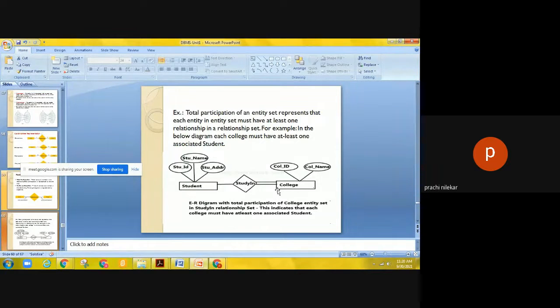That's why it is represented as total participation. Here students and college are the entities, and the relation between them is Study in. Each student may or may not study in a specific college, but the college must have at least one associated student. So that's why it's represented by the double line, total participation.